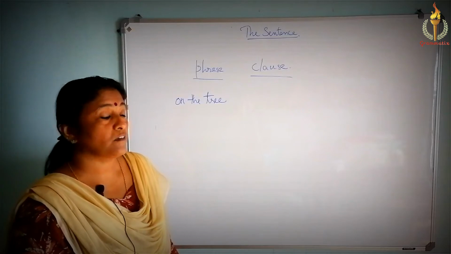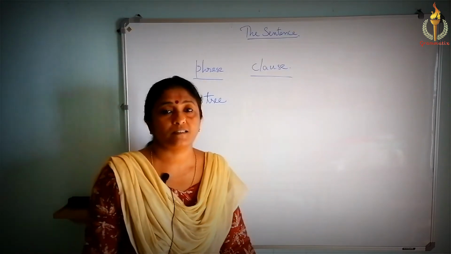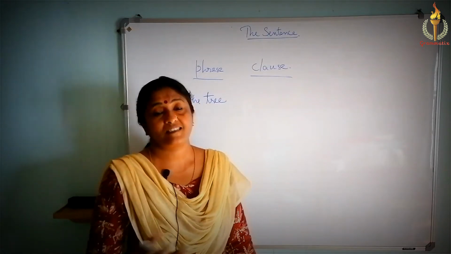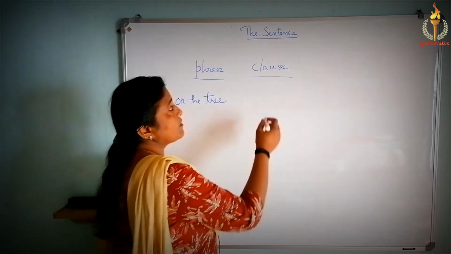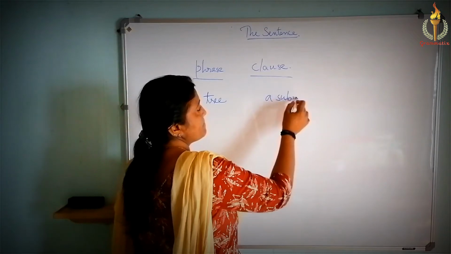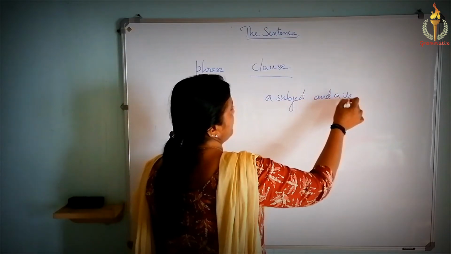Now what is a clause? A clause is again a group of words which gives you some sense but not a complete sense, a complete meaning. But the important thing is that a clause has a subject and a verb.